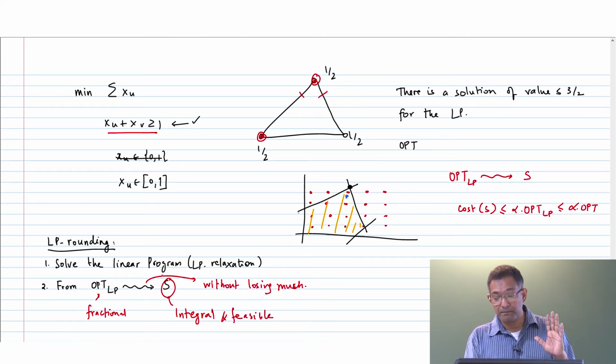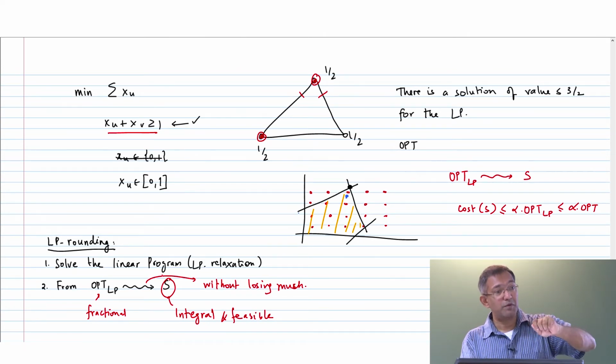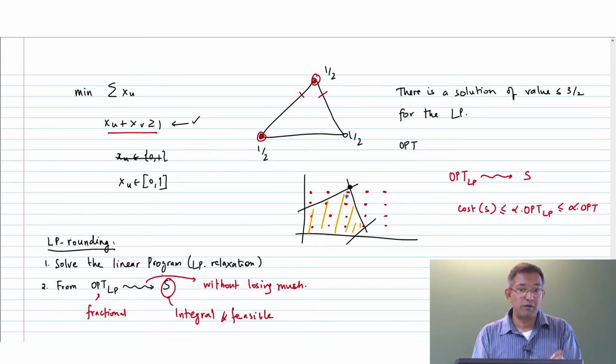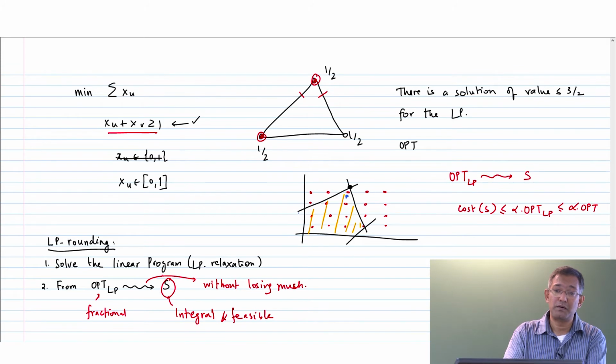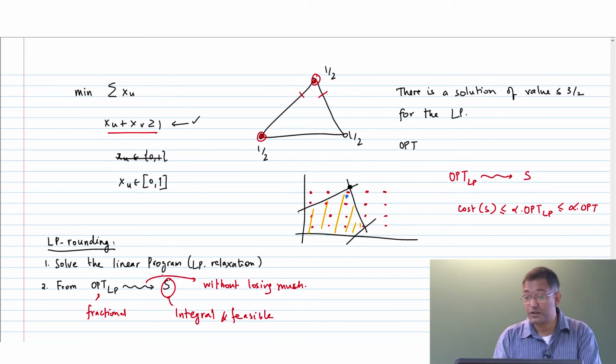Okay. So, we have the fractional solution. We want to somehow carefully round it to get an integer solution. That integral solution need not be an optimal solution. Then how can I prove the approximation algorithm is alpha? Which is what we want to do.